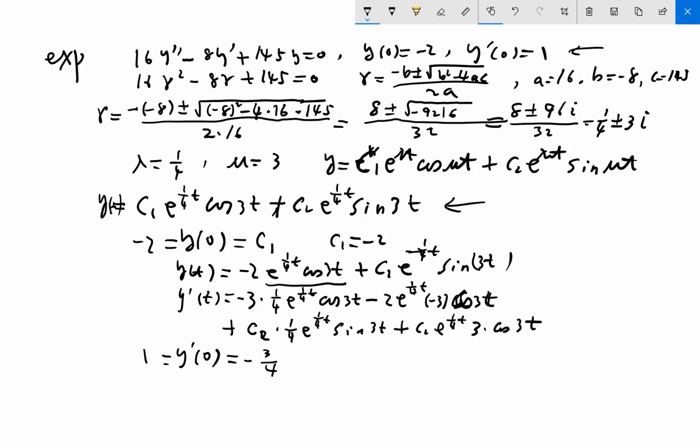The second term has sine 0, which is 0, so it is gone. The third term also has sine 0, so we don't have that one.